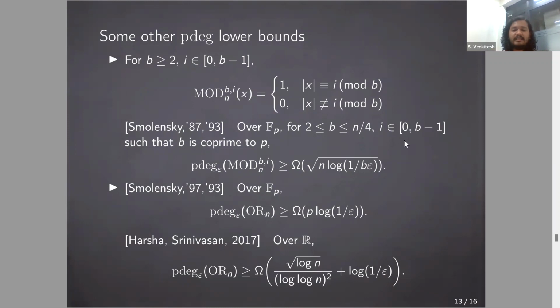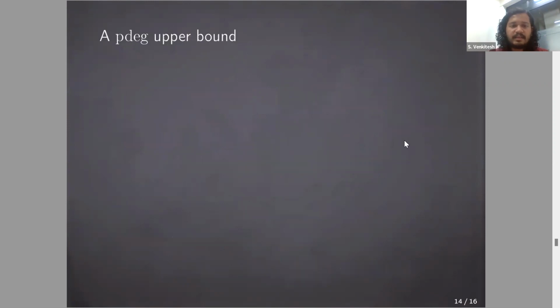We know that it is at least square root log n by log n squared plus log 1 over epsilon. And for constant error, if you're ready to ignore the smaller polylog factors, then it is essentially square root log n. And on the upper side, we have log n, and we don't know where exactly the answer is. So these are some lower bound statements which follow from a similar proof technique.